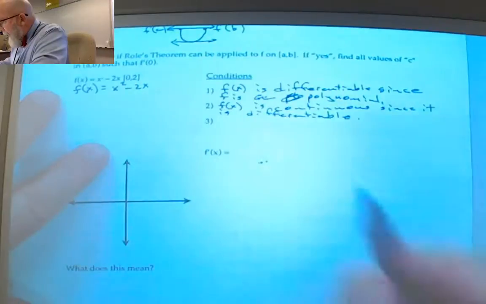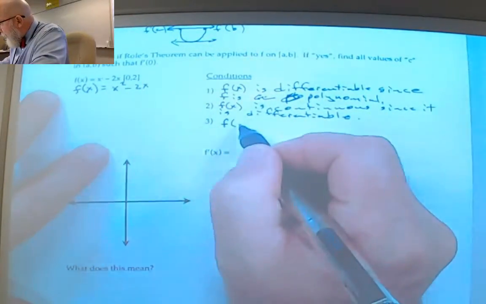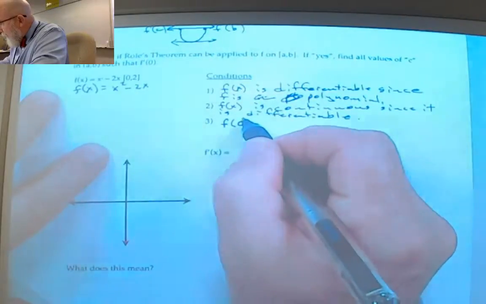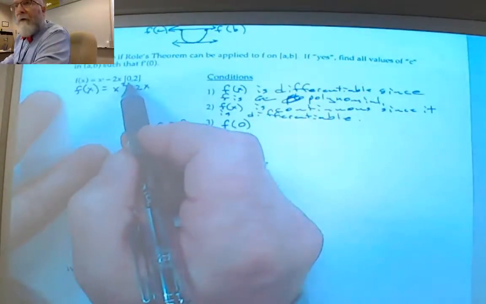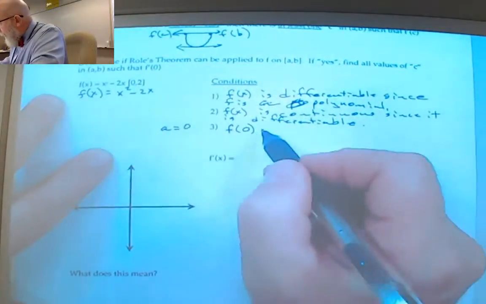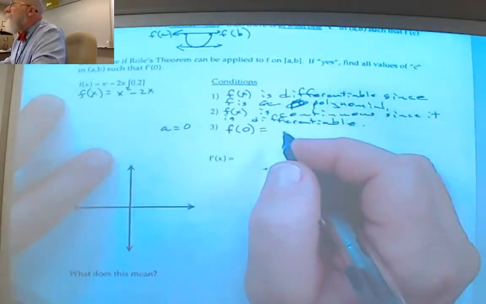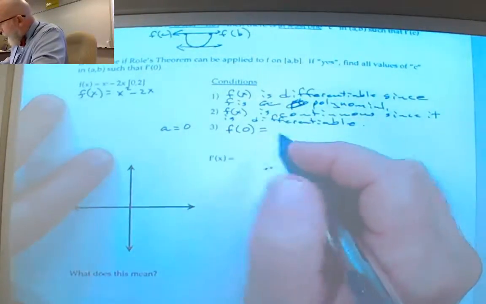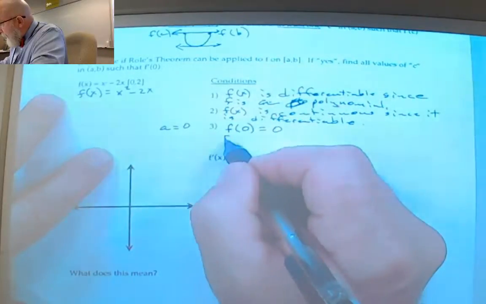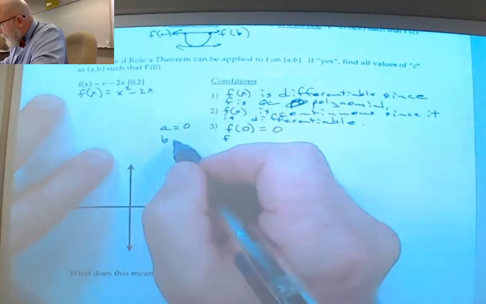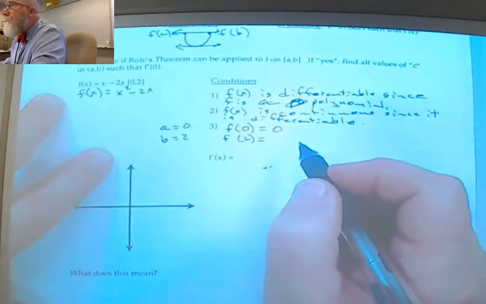Three, I have to show what f of a is. F of a is f of 0. A equals 0, because that's my endpoint in my interval. What's f of 0 equal to? If I plug 0 into here, what do I get? 0. Then I'm going to b is equal to 2. What do I get if I plug 2 in there?